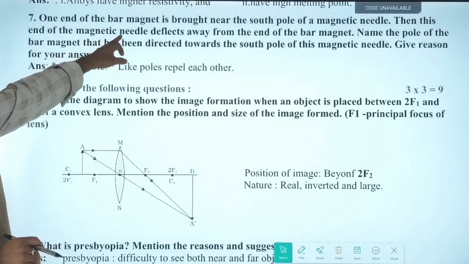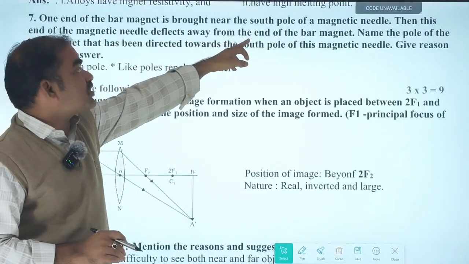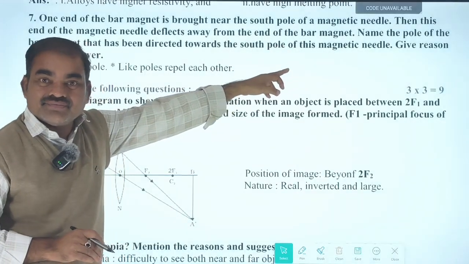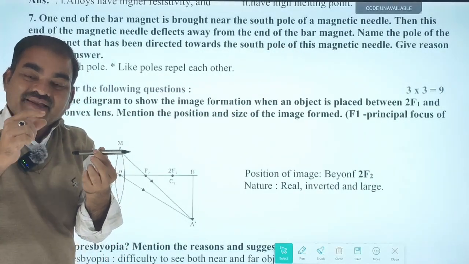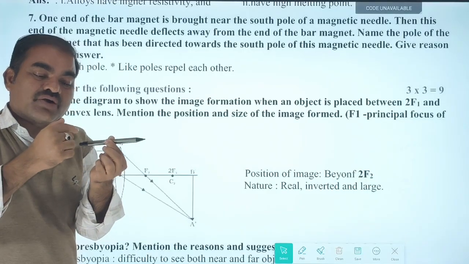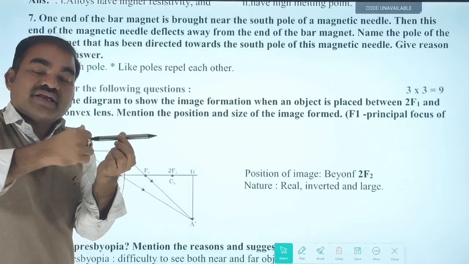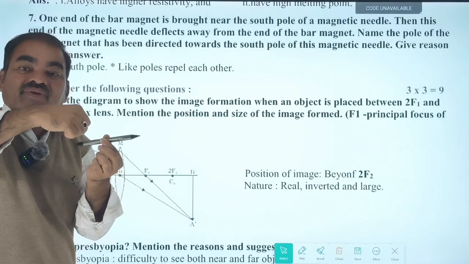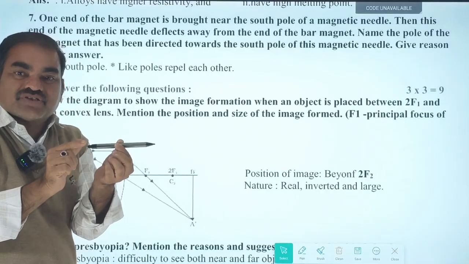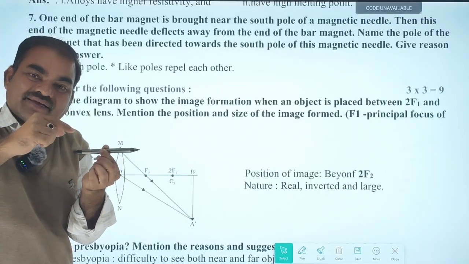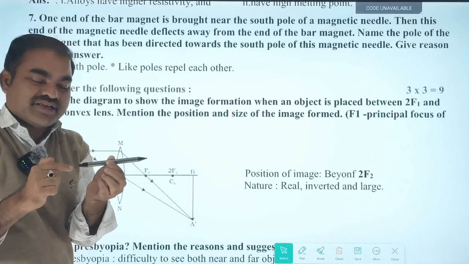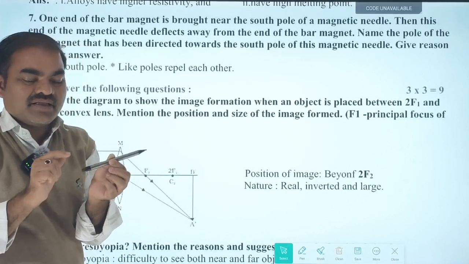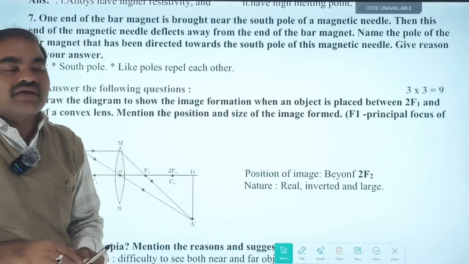And one end of the bar magnet is brought near the south pole of the magnetic needle. One bar magnet is there, and a magnetic compass needle's south pole is brought near it. It will repel, and repulsion happens when they are like poles. Here the magnetic needle's south pole is deflecting, going away, which means this end of the bar magnet is also a south pole.